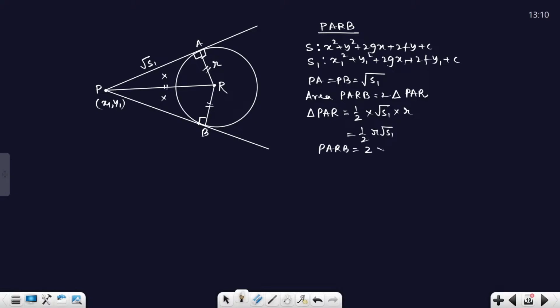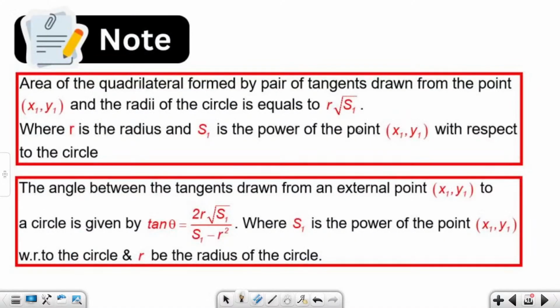It is 2 times the area of PAR, which is 2 times half R root S1. So that gives us R root S1. That's it. Is it clear? So R root S1 is basically the area of the quadrilateral formed by the tangents PA and PB and the radius R of the given circle. That's exactly what is written over here.